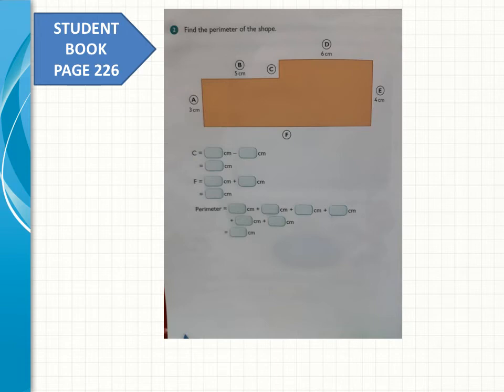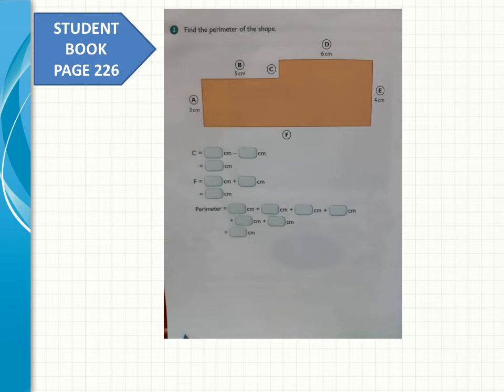Side E measures the full length of the side. Side A measures only up to a portion. It doesn't get to the top. So to find the remaining parts, we need to trace the line to where we have side C. So the remaining portion of side C must definitely be 1 centimeter.